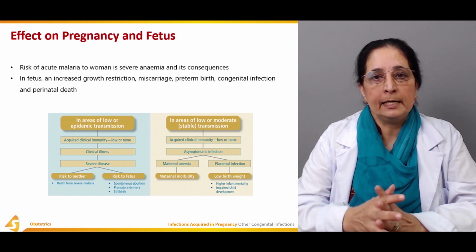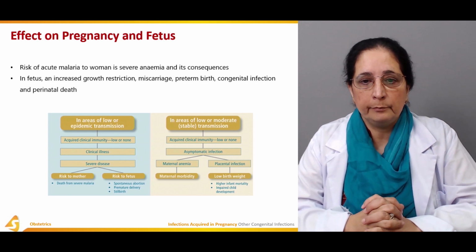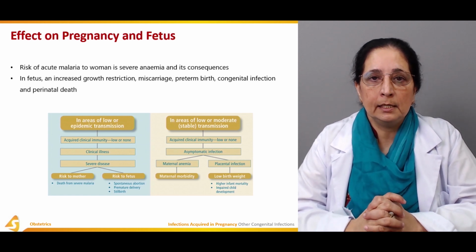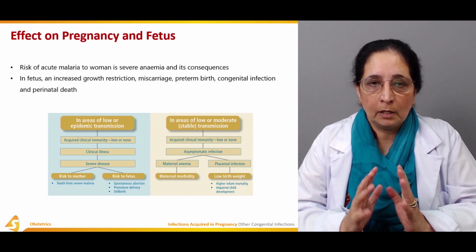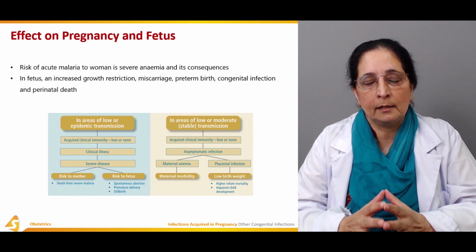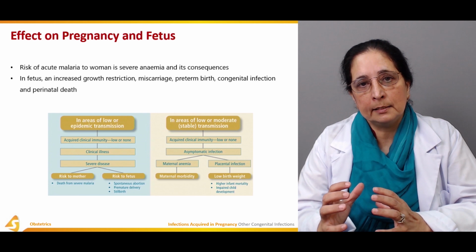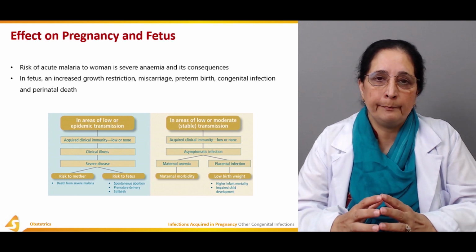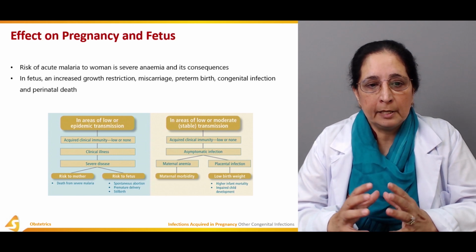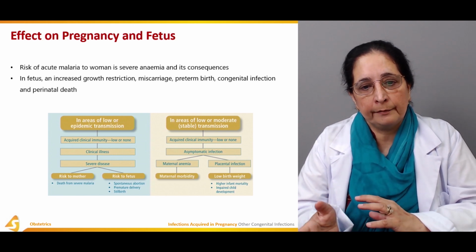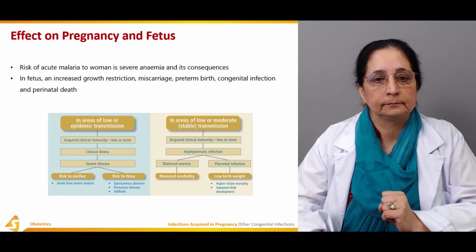In the fetus, there is growth restriction, miscarriage, preterm birth, congenital infection, and perinatal death. So all these complications can occur with malaria, and again the seriousness of the condition depends on whether it's a low or epidemic transmission area or a stable mild to moderate transmission area.